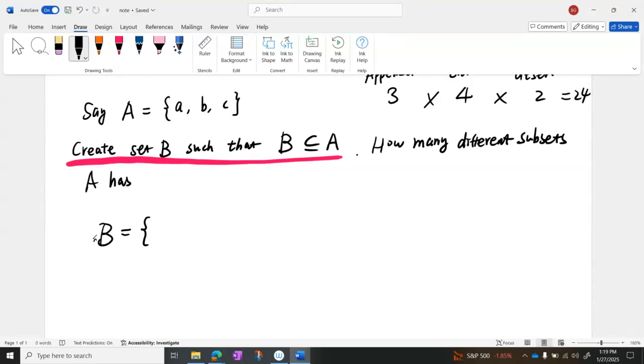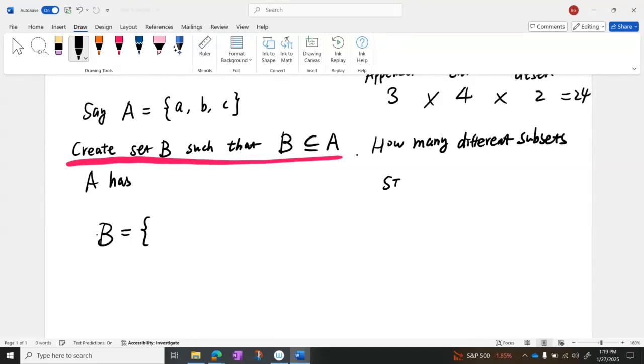By going through the process, we would be able to create a subset for A. The process is, we are going to look at every single element in set A. Since A has 3 elements, my process has 3 steps.